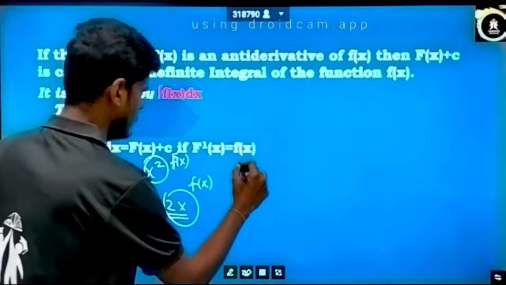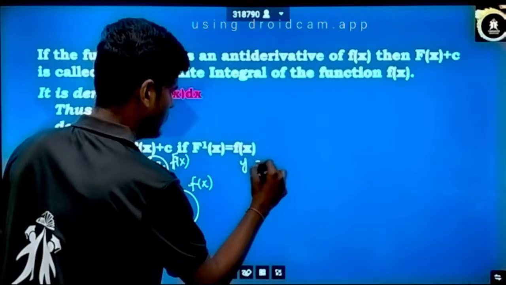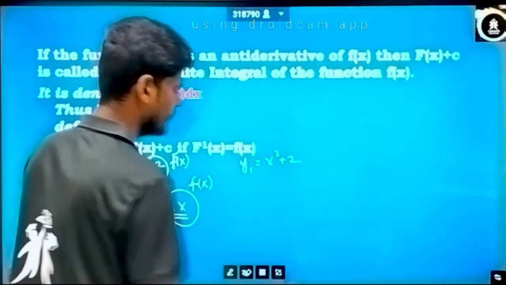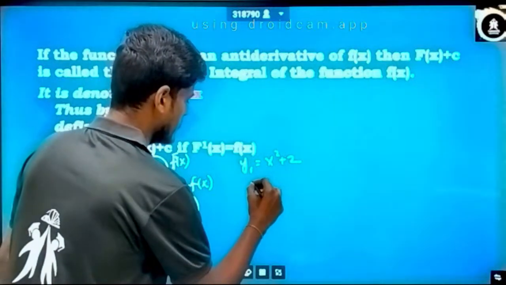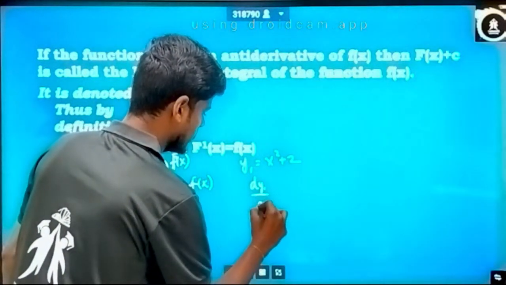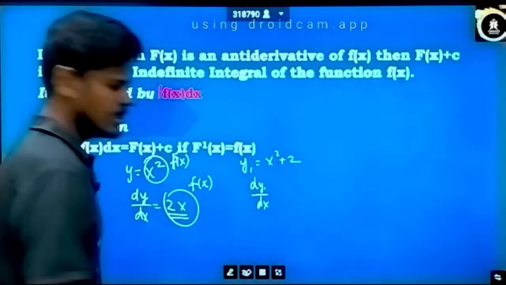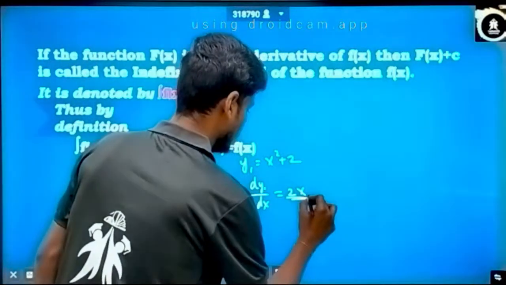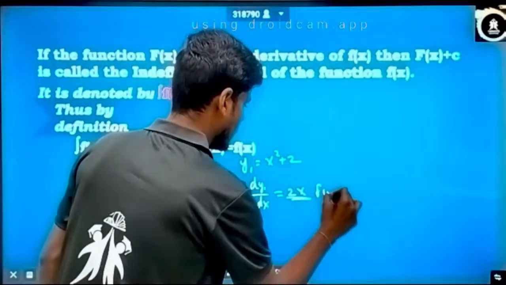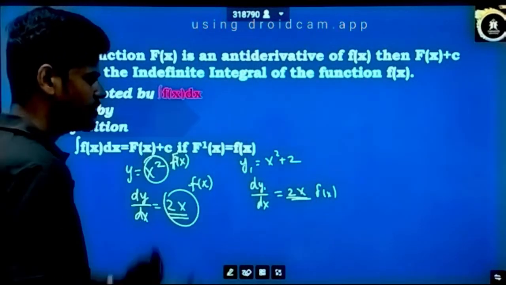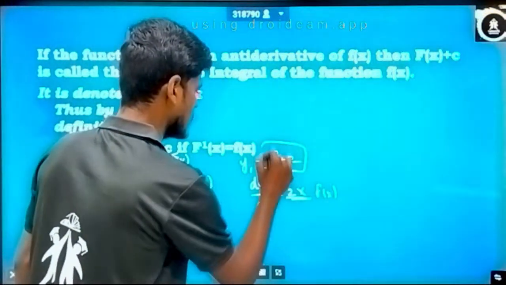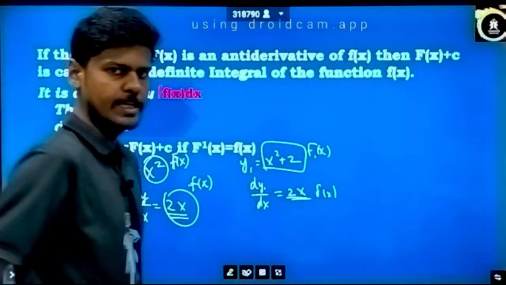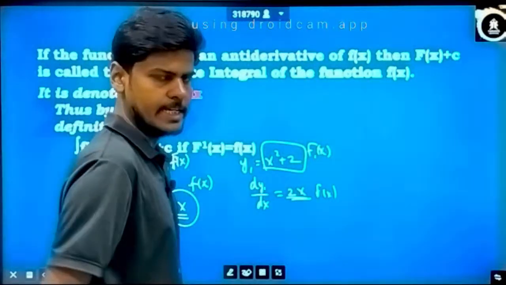Now take another y, let this be y1, equal to x square plus 2. Again we differentiate this function with respect to x. Then again we have 2x. That means the derivative is again small f of x, and this function becomes capital F1 of x. Again this is the antiderivative.